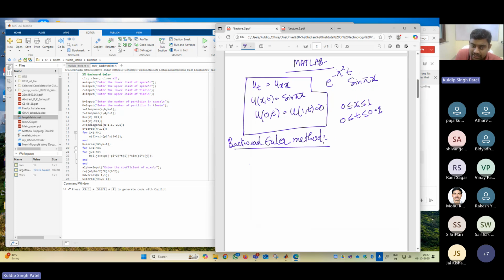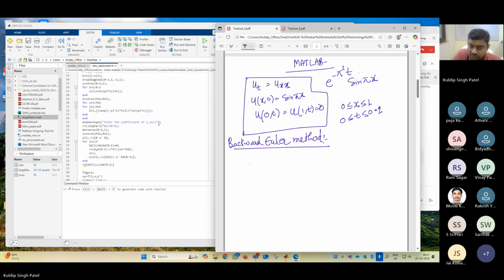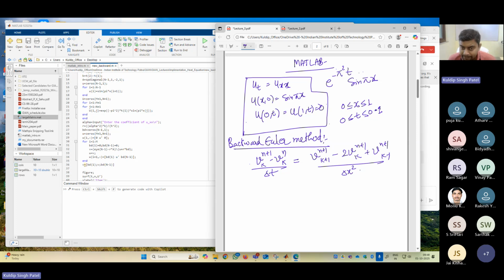What I said we need to do is take this as Vn plus 1 minus Vn upon delta t equals Vn plus 1 at k plus 1 minus 2 Vn plus 1 at k plus Vn plus 1 at k minus 1, upon delta x square.